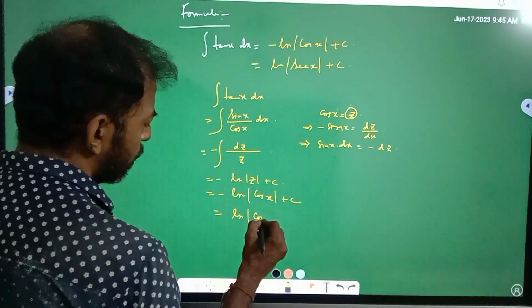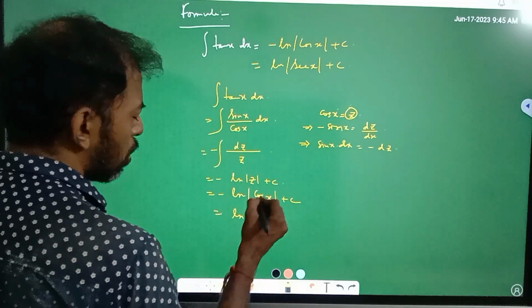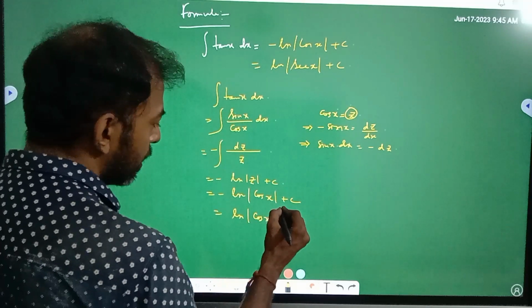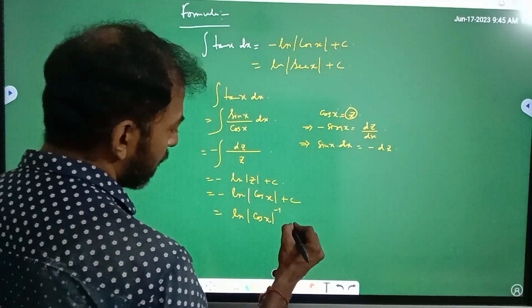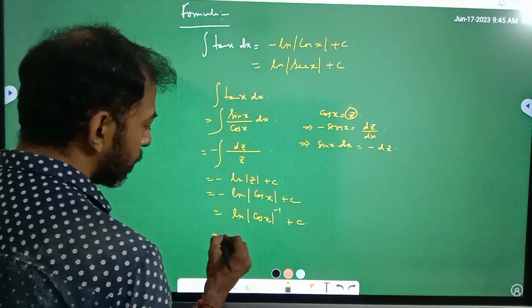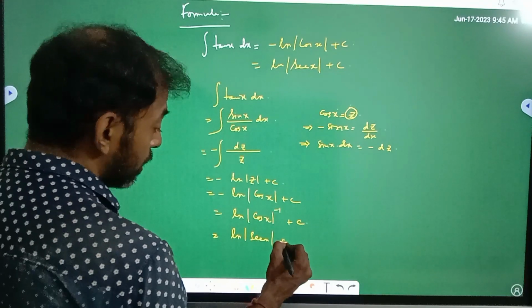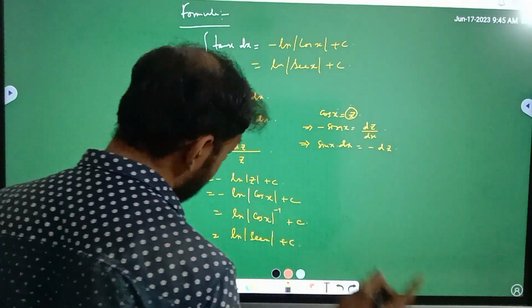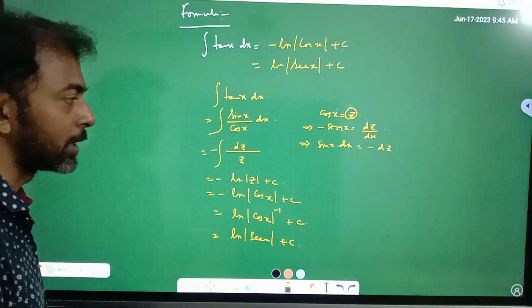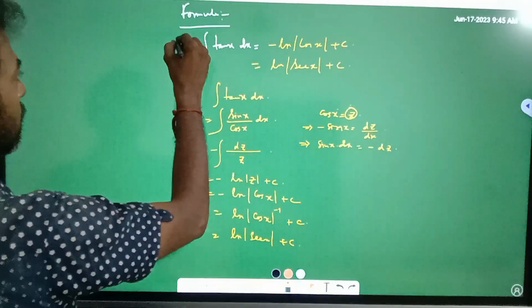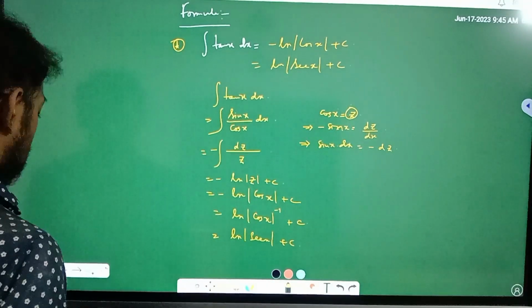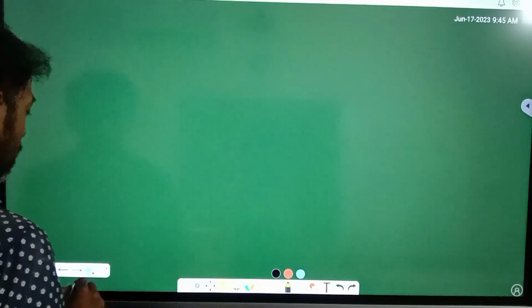Just consider minus log mod cos x as log mod of cos x power minus 1, and that will be log mod sec x, because the reciprocal of cos x is always sec x. So that was our first formula.